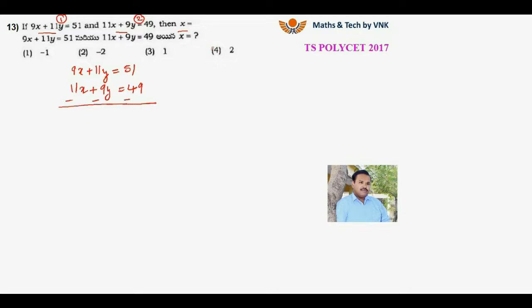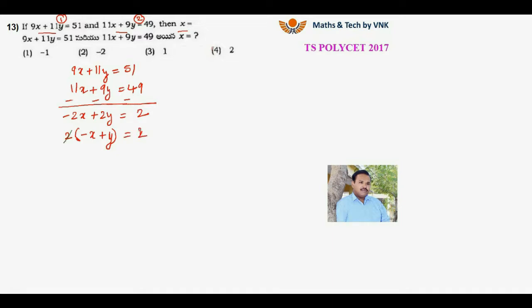So 9x minus 11x is minus 2x. 11y minus 9y is plus 2y. 51 minus 49 is 2. So take common 2. Then this is minus x plus y is equal to 1, as the 2 gets cancelled.